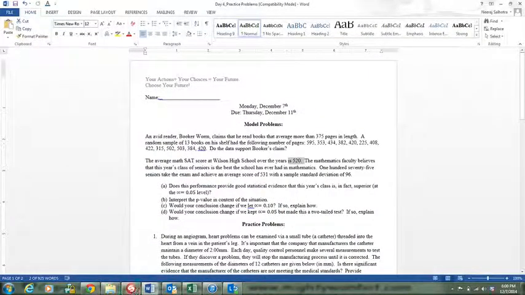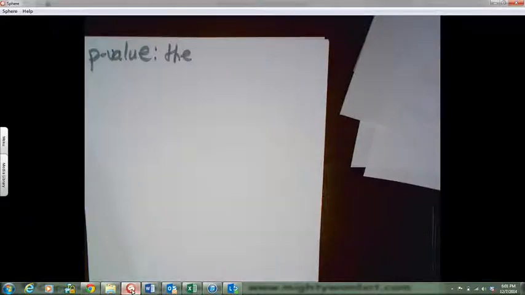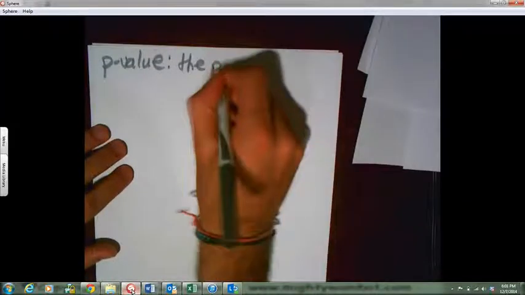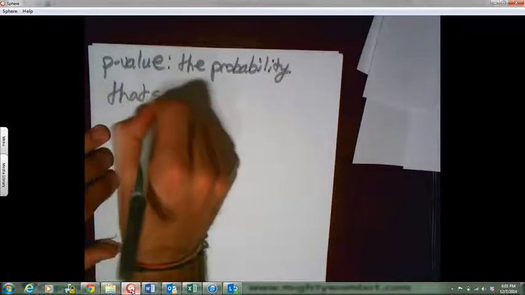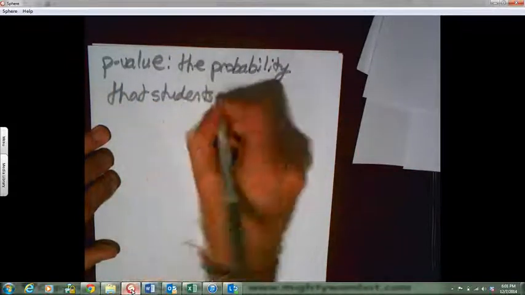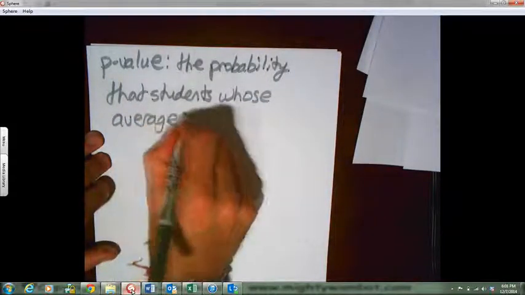Interpret the p-value. So what does this p-value mean? The p-value is the probability that students whose average is 520, in other words, whose average was the null hypothesis, got above a 531.